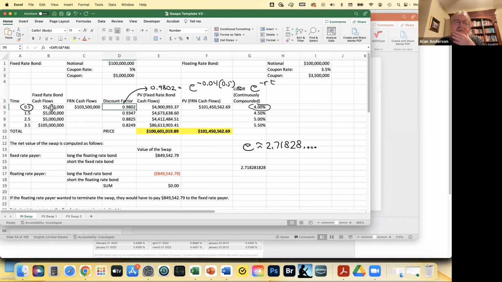In other words, for $1 received in 6 months, and the rate of interest is 4%, then it's 0.9802, which means every dollar that I want to receive in the future must cost me 98.02 cents today. Okay, so the formula is right here, by the way. I can do the same thing for all 4 of these time slots.